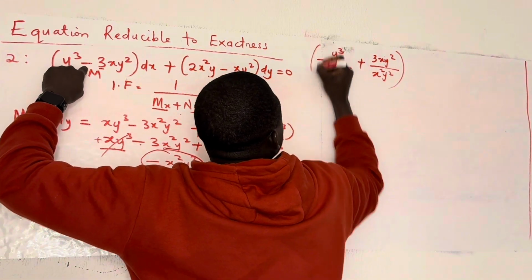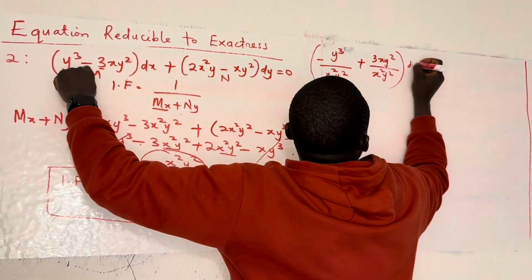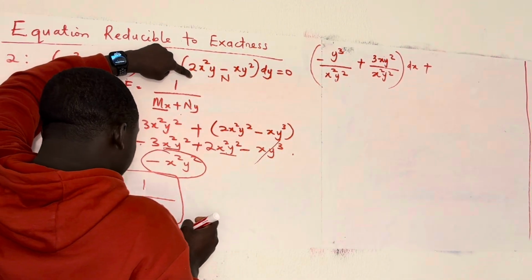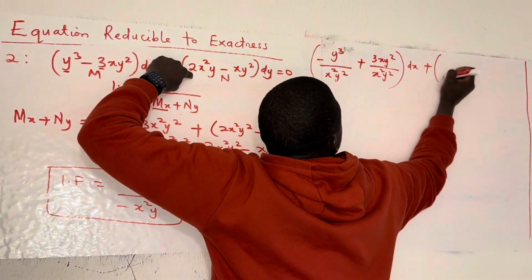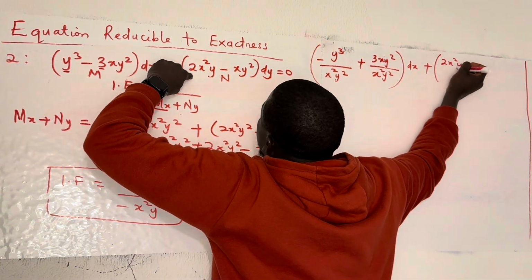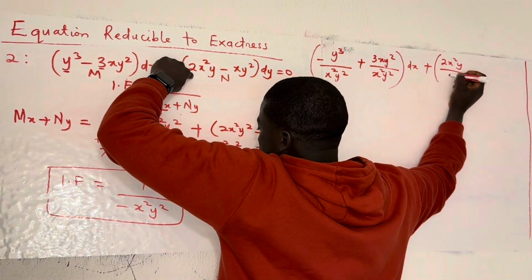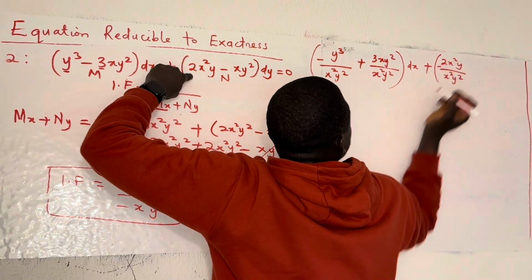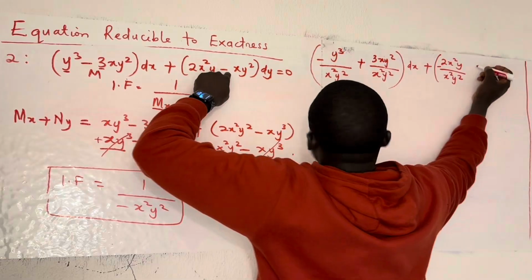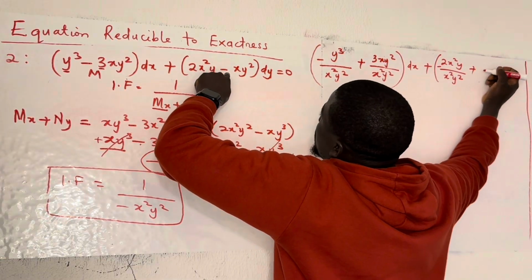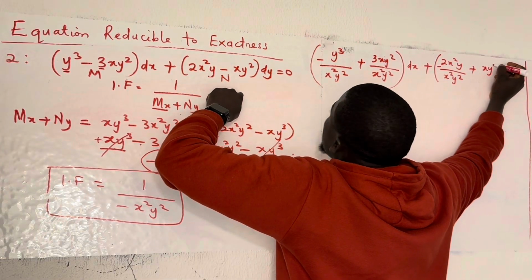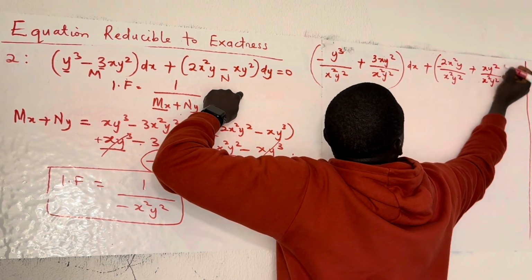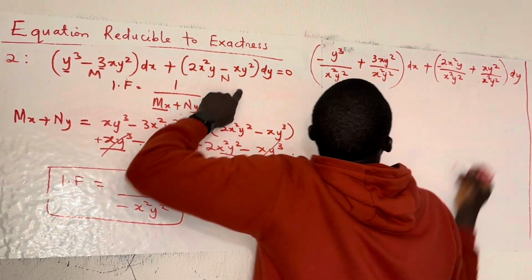Plus, look at the second one, 2x squared y divided by x squared y squared. There's a negative sign here that will later change to plus.